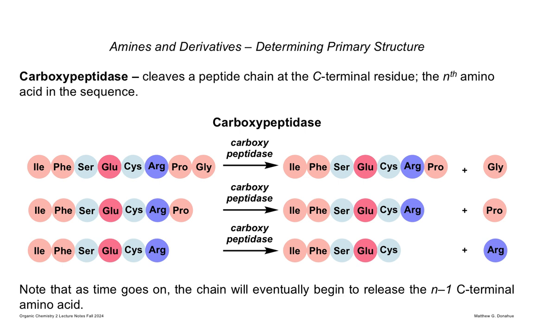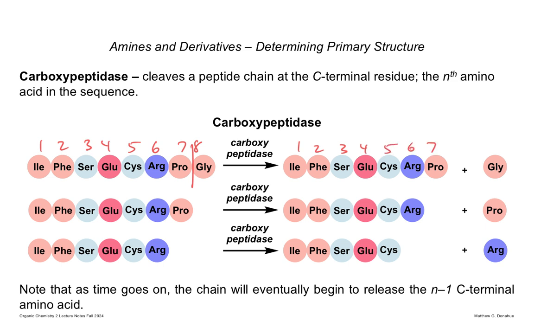In the carboxypeptidase example, the top sequence is the one that's used, so they're not different examples. We're starting with 1, 2, 3, 4, 5, 6, 7, 8. We're cleaving off the C terminal, so we have a 7.